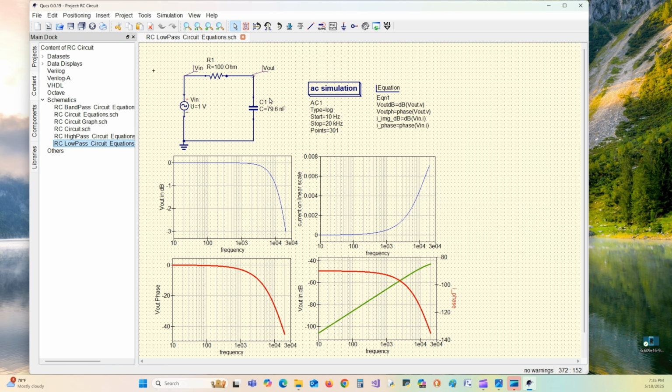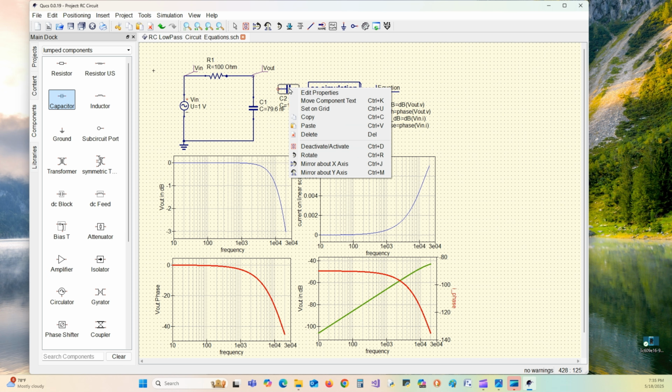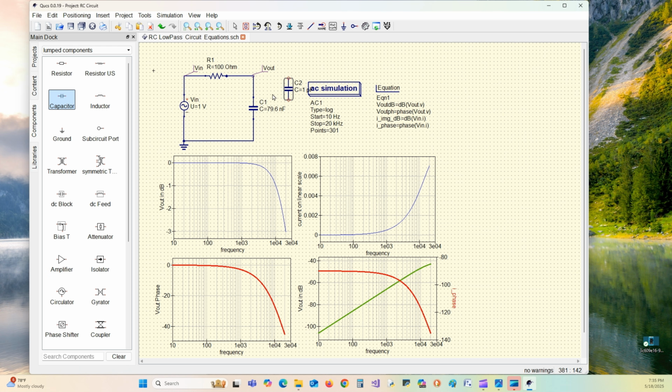So looking at our PTC Mathcad results for the capacitor, we know it needs to be 79.6 nanofarads. So we go to components. We get our capacitor, bring it over here, drop it. Just drag and drop. And you'd have to rotate this to get it to look like this.